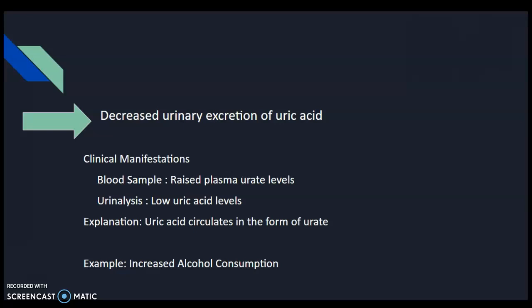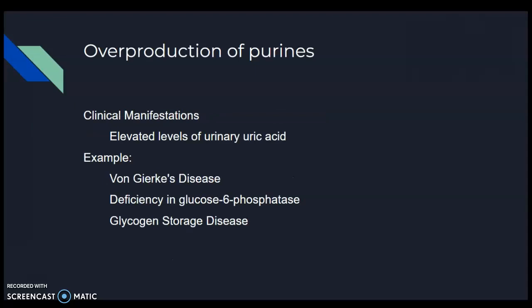And I'm just going to touch on why I don't think the other ones are the diagnoses for this patient. So we know that another cause of gout can be due to the overproduction of purines, which usually manifests itself in elevated levels of urinary uric acid.